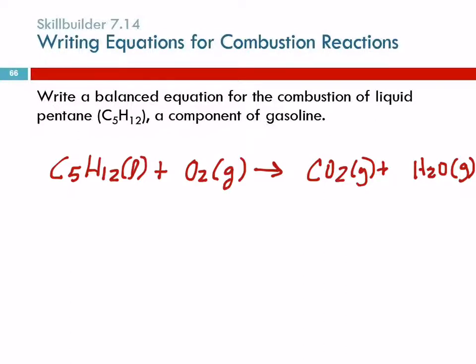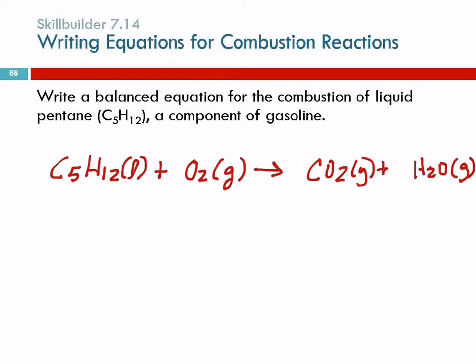If you hold a cold object high enough above a burning flame that you're not going to burn your hands, you'll see condensation on the outside of it. Like a glass of ice water, turn the burner on and hold a glass of ice water over it. You'll see condensation appearing because as the water is released in the gas state from that reaction and it hits the cold surface of the cup, it's going to condense and form liquid.